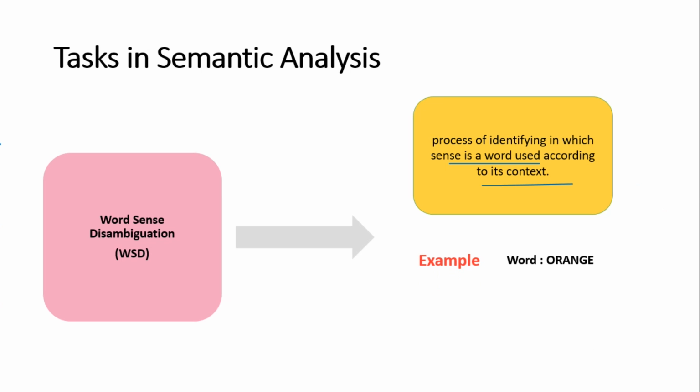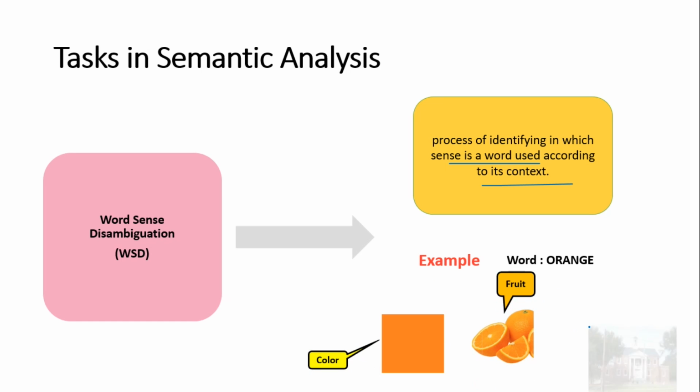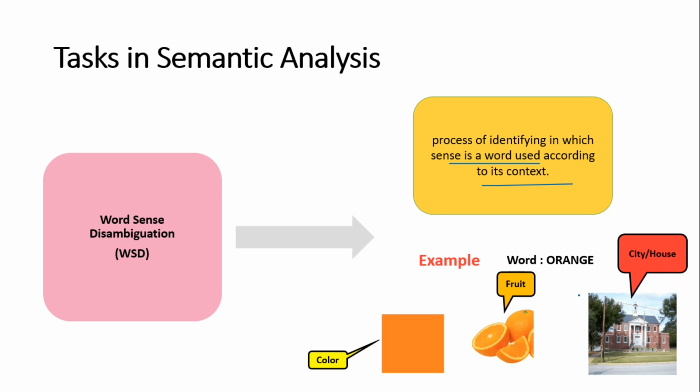If we are talking about the word orange, based upon where this word is written, it can be used to identify whether this word is talking about the color orange, or the fruit, or whether this orange is the name of some person, building, or house. This is identified by looking into the context of the data.